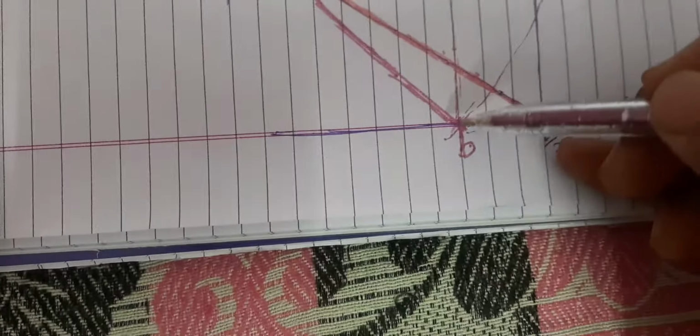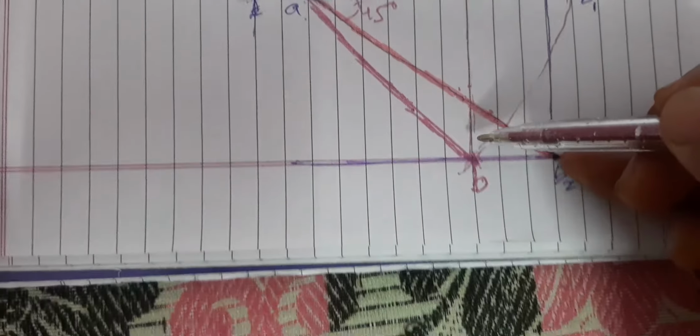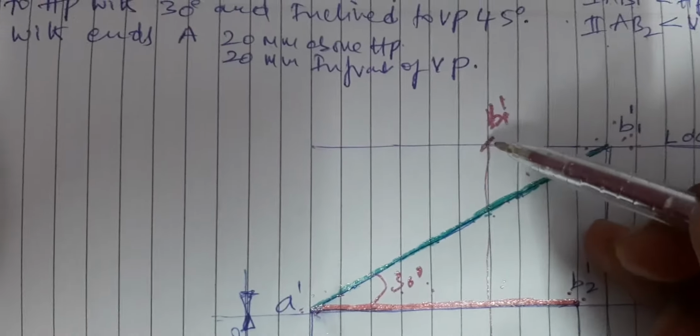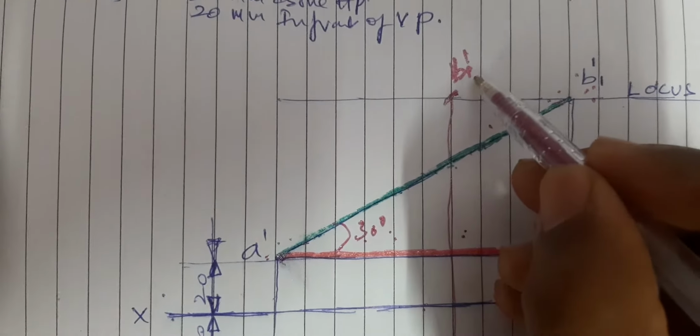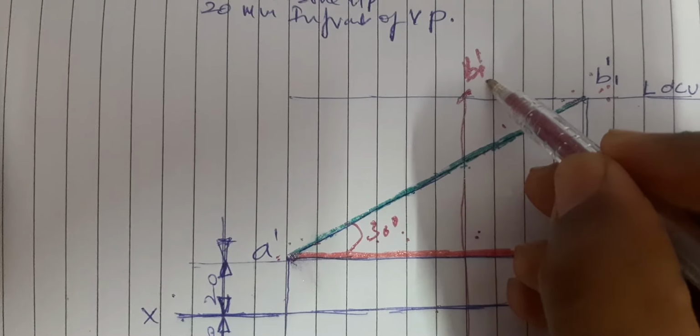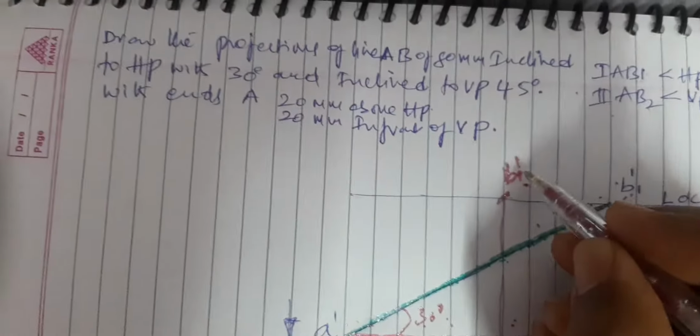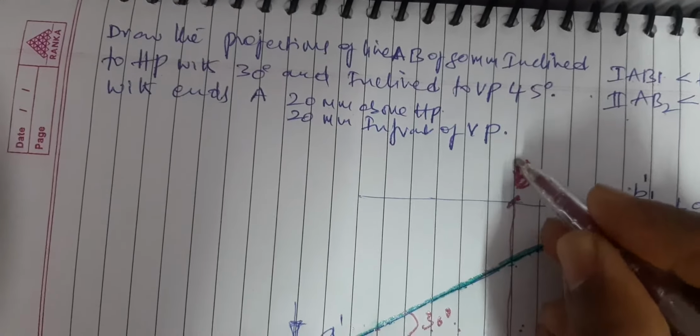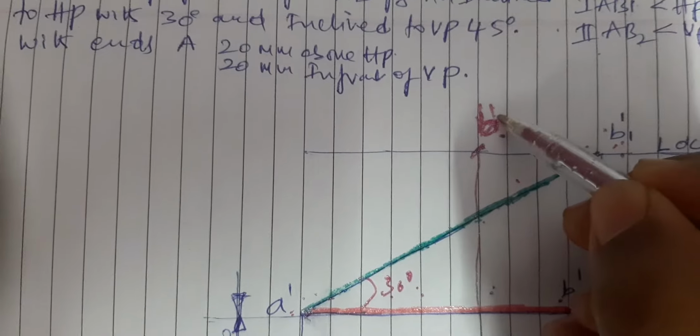right? By just drawing a vertical line from B onto the locus of front view, we are going to get B1 dash, sorry, B dash here, not B1 dash. We'll get B dash here.